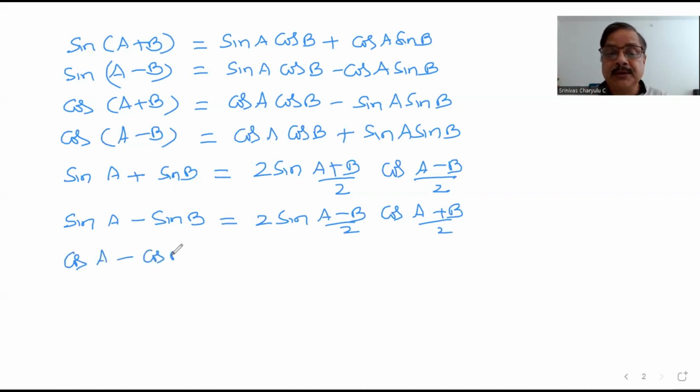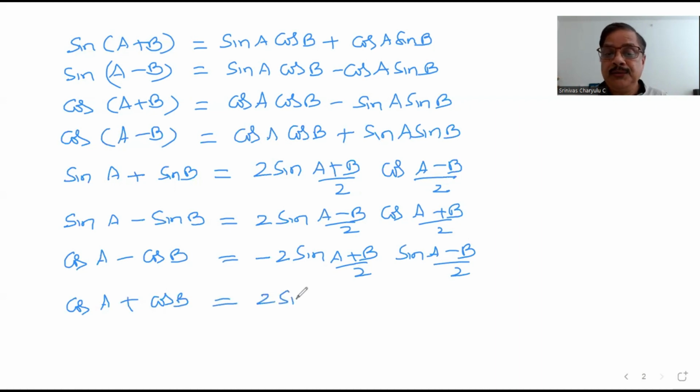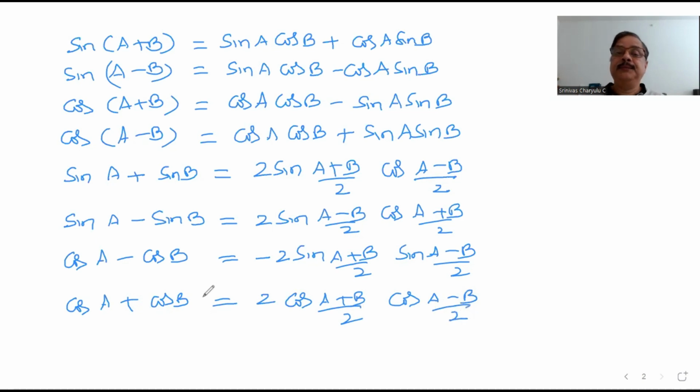Cos A minus cos B is minus 2 sin (A plus B)/2 sin (A minus B)/2. Cos A plus cos B is 2 cos (A plus B)/2 cos (A minus B)/2.